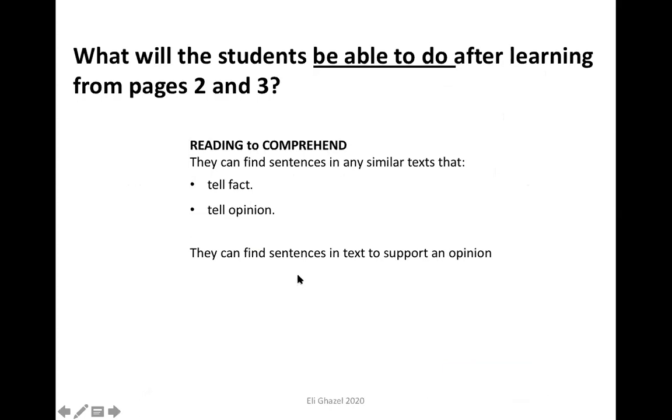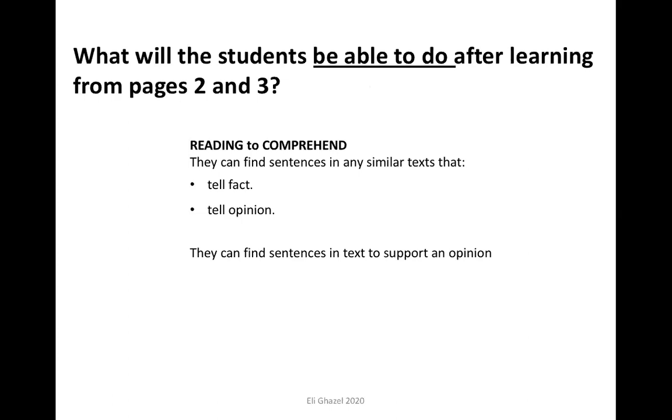A higher level would be not only to find the opinion, but to find sentences in the text to support an opinion. So this is what they will be able to do, and that is the most important part. You can do anything you want, but we need to focus on the whole. What will they be able to do when they finish this 40 minutes?